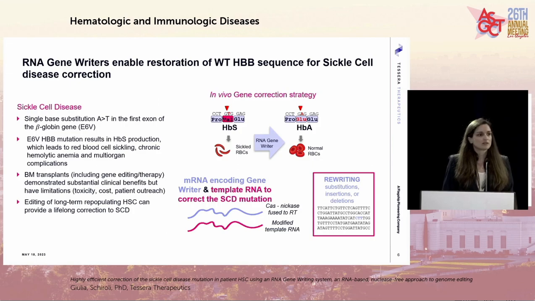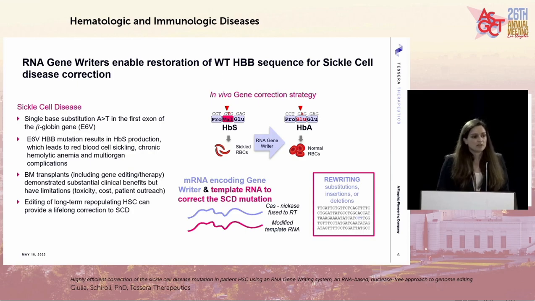Recent advances in gene editing and gene therapy have demonstrated, importantly, substantial clinical benefit from bone marrow transplantation, with the idea that if we correct long-term multilineage stem cells, this treatment can provide a lifelong correction for sickle cell disease. However, they have also highlighted the limitations of this approach, mostly related to toxicity of the bone marrow transplantation procedure, cost, and importantly, patient outreach.